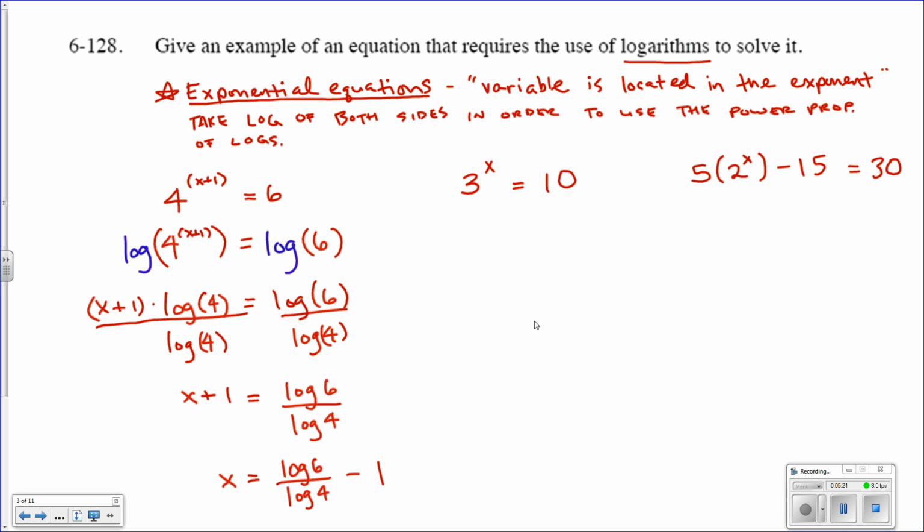One that you will not use a logarithm to solve would be something where x is not in the exponent. For instance, if you had 3x to the third equals 30, this would not use a logarithm, because we already know the value of our exponent.